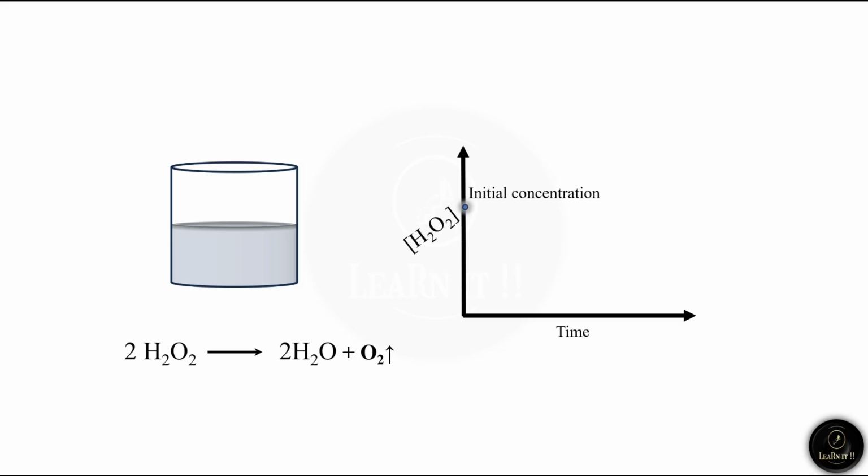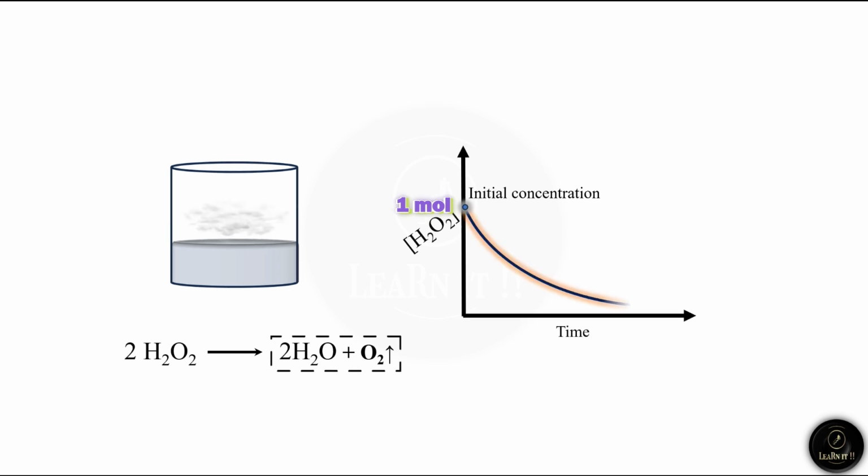Another simple example we can take so as to visualize this half-life period is decomposition of hydrogen peroxide. Simultaneously we are plotting a graph of concentration of hydrogen peroxide versus time. So let's say 1 mole is the initial concentration of the reactant, which is indicated on the y-axis. When the reaction is carried out, there will be formation of water and oxygen, simultaneously decreasing the concentration of hydrogen peroxide.